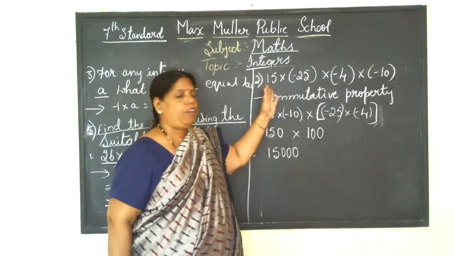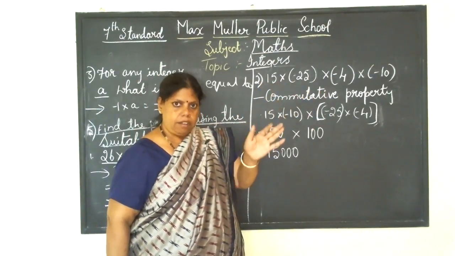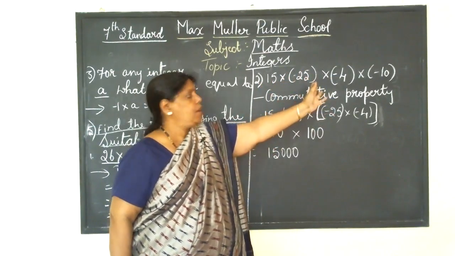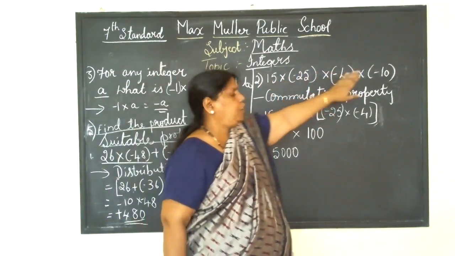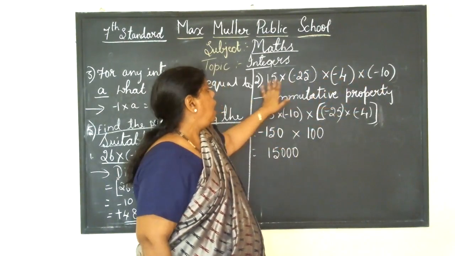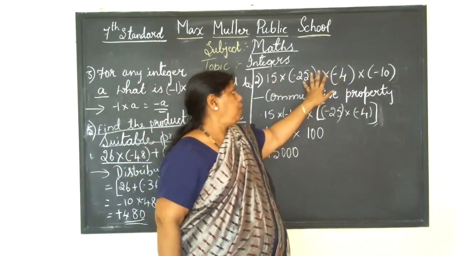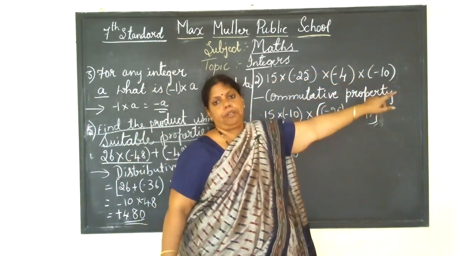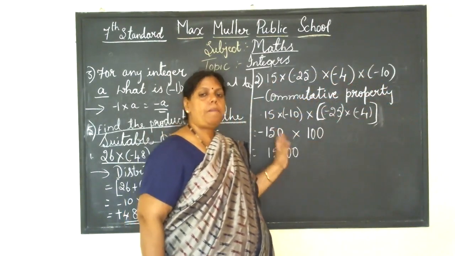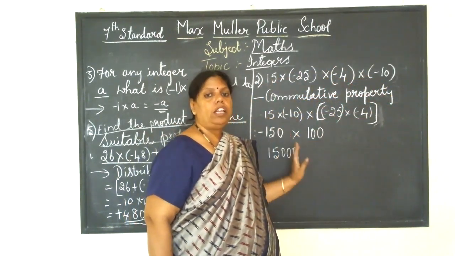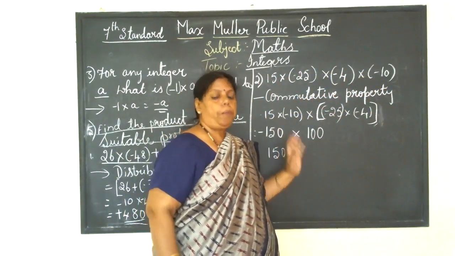If you want, you can verify with the others by changing their places. You can take 25 into 10 also, or 15 into 25 into 4 into 10. If you take it also, the same answer you will get. So you will call this commutative property.